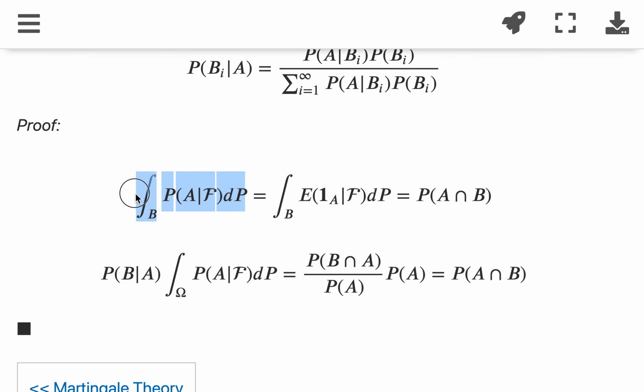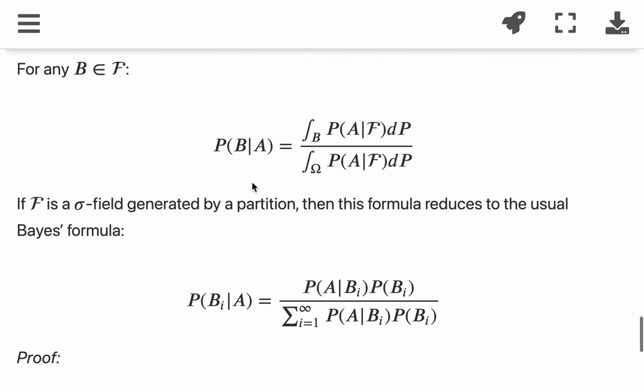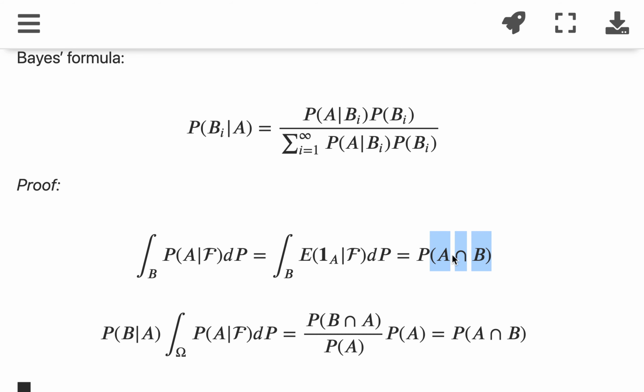The integral of P(A given sigma field F) on B is just the integral of the expected value of the indicator function, and that is just the probability of A intersect B, because this is the same as the integral of the indicator function on set A. And the other side is P(B given A) times this one. I want to prove that this is the same as P(A intersect B).